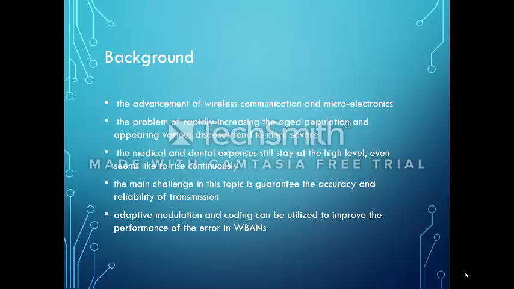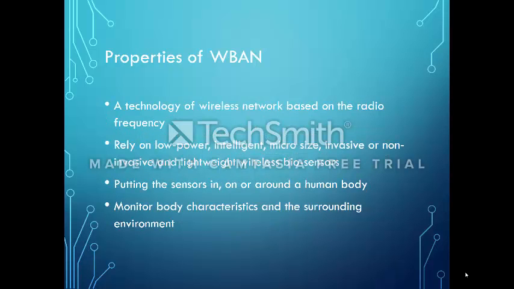To overcome the challenge, adaptive modulation and coding can be utilized to improve the performance of the error rate in WBANs. And next, the properties of WBAN will be shown.